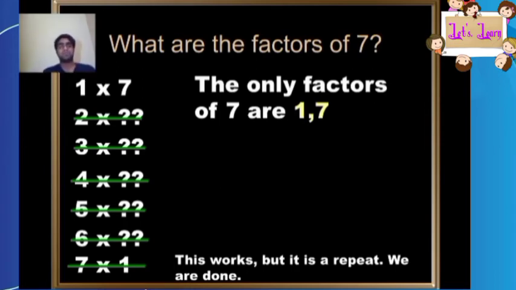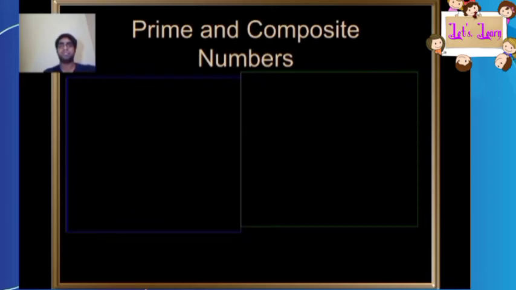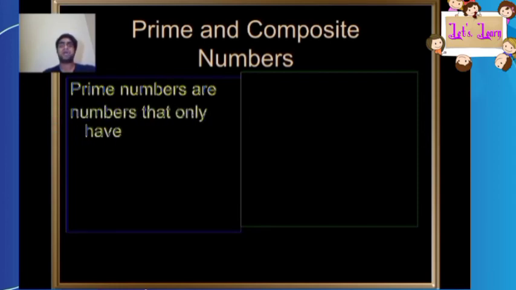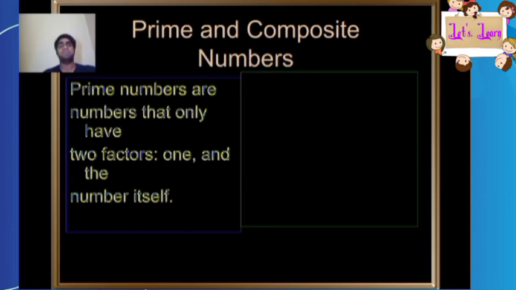So guys, during our process, we have some numbers like 7 which have only 2 factors, and numbers like 16 and 18 which have several factors. Based on this, numbers are classified into 2 types: prime numbers and composite numbers. Prime numbers are the numbers that have only 2 factors, 1 and the number itself. 1 is the factor of every number, so it must be taken.